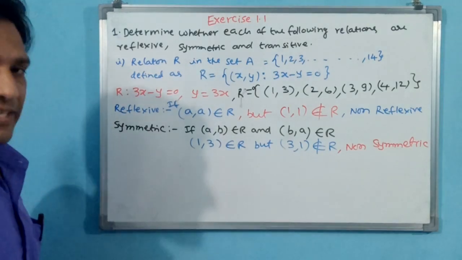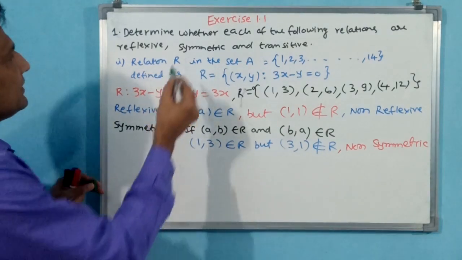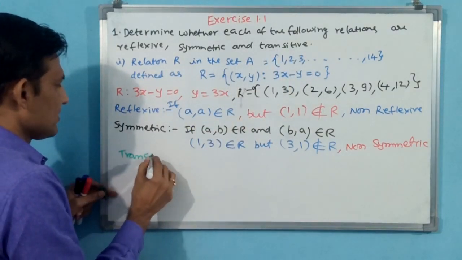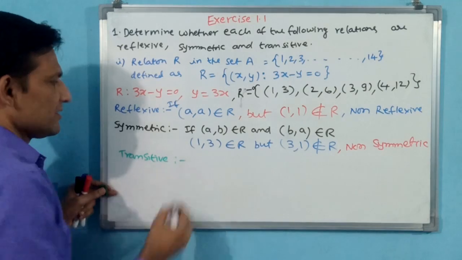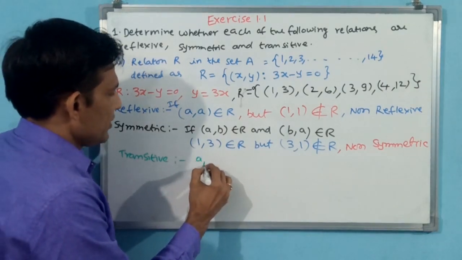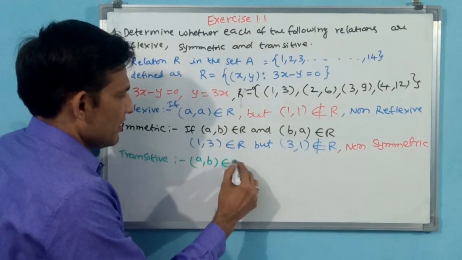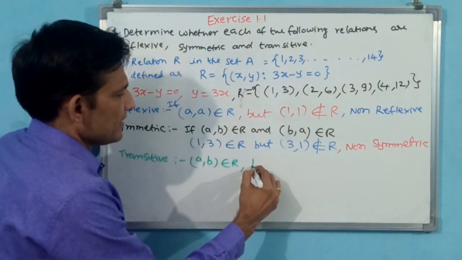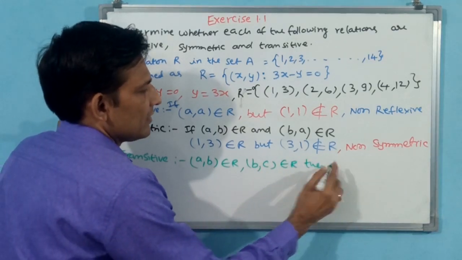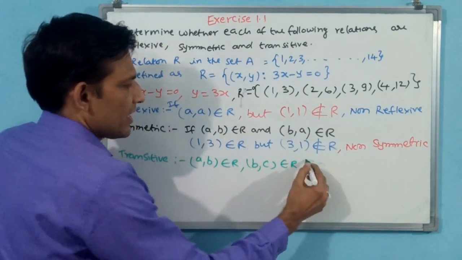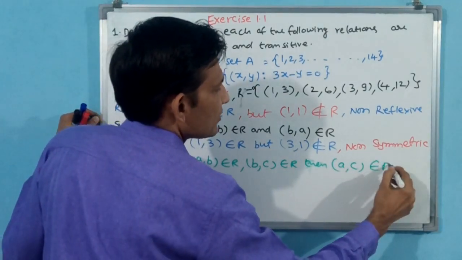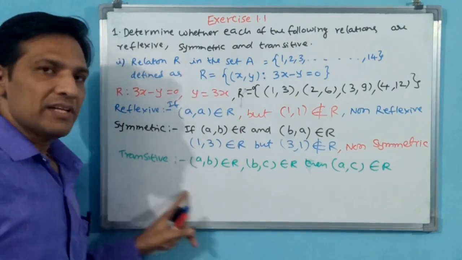Now the third one is transitive. Transitive relation. I am writing here, transitive. For transitive, if A comma B belongs to R and B comma C belongs to R, then A comma C belongs to R, and that is called transitive.